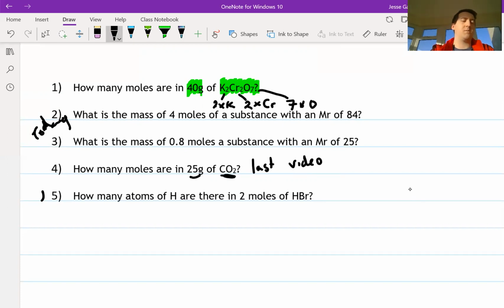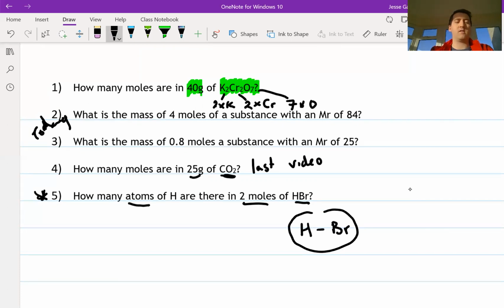Now this one, I suppose, it's been a while since we've seen this one, so just be careful with this one. How many atoms are there in 2 moles of HBr? So HBr looks like this, H bonded to a Br. So each of these particles has 1 H and 1 Br. And you have 2 moles of them.